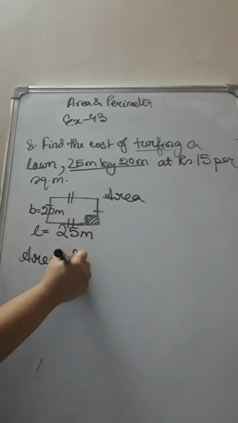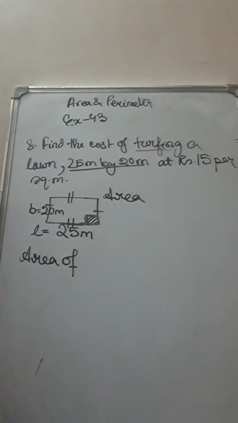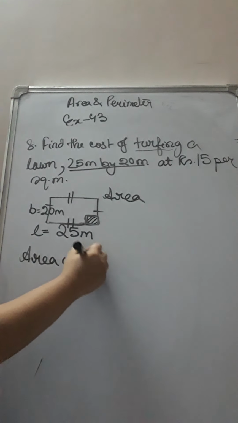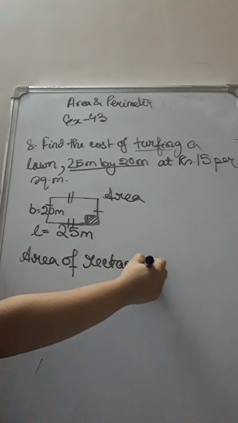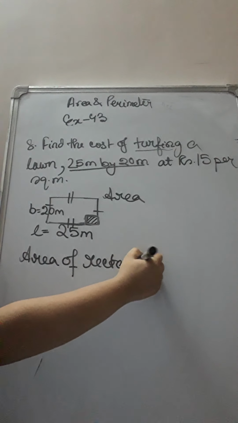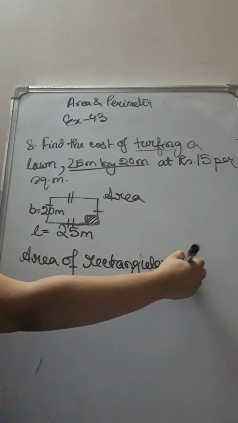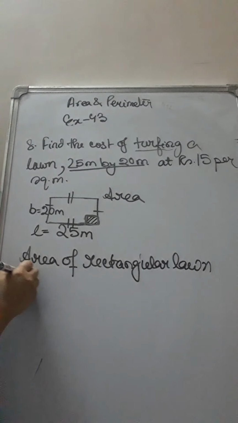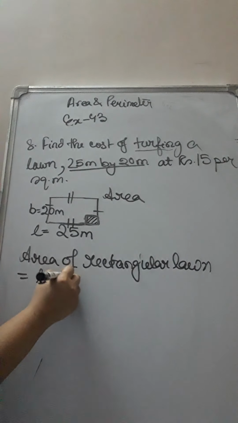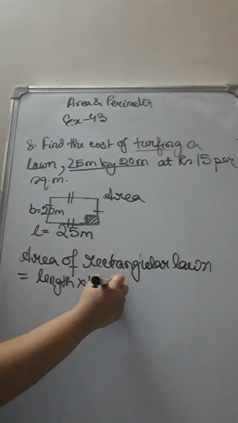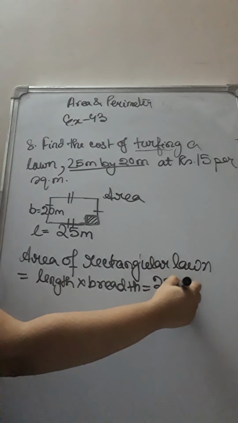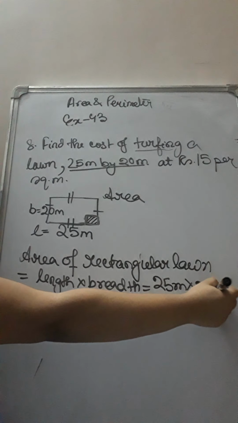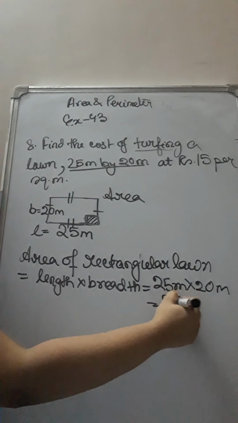and area of which type of figure we are finding, because according to the figure the formula will differ. So it will be the area of the rectangular lawn. That is how much? Length into breadth, and the measurements are given, so we can multiply 25 meter into 20 meter. That is 500.